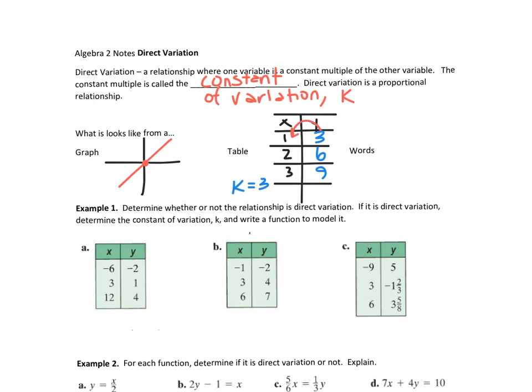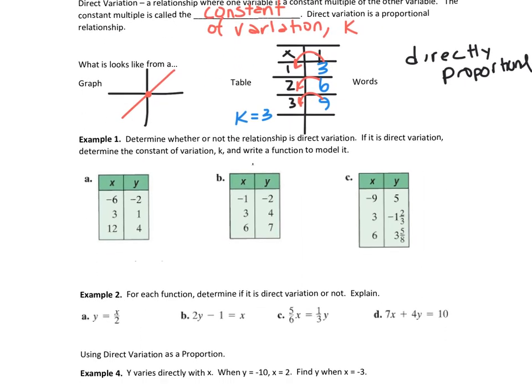So to figure out what K is, you would do Y divided by X. You'd work backwards. And then in words, you want to look for the words directly proportional or varies directly for direct variation.